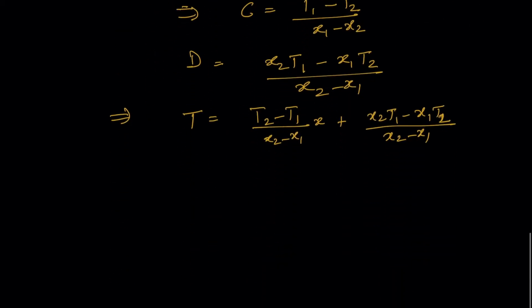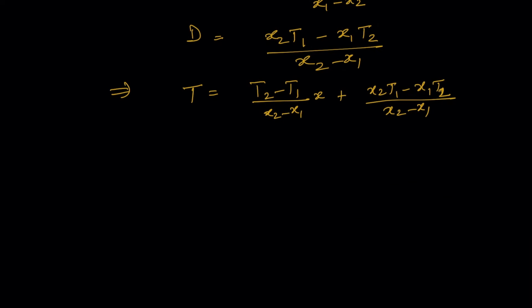Now if you have to write it in dimensionless form, T minus T1 divided by T2 minus T1.